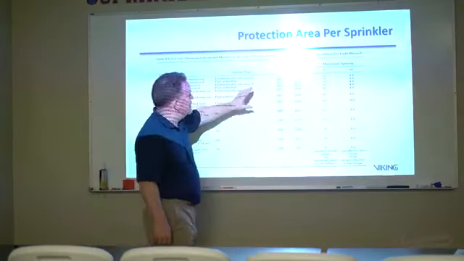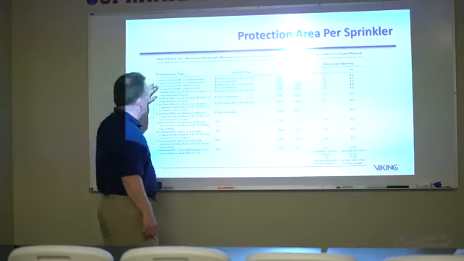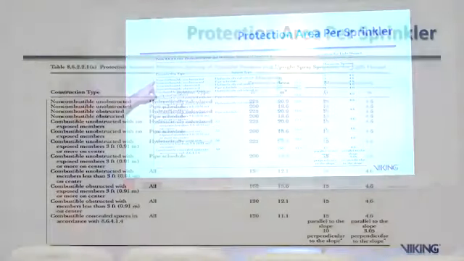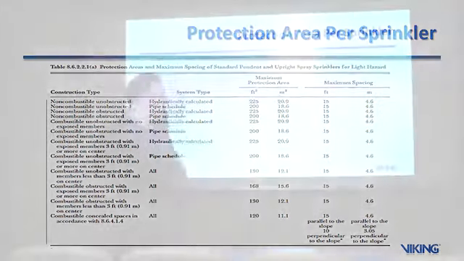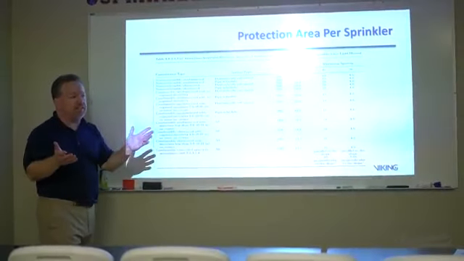In certain areas, non-combustible, unobstructed construction, you can go up to 225 square feet, whereas for combustible concealed spaces in all areas, you're down to 120 square feet. Or combustible obstructed members, this is not concealed, less than 3 feet on center, you're down to 130. So you can be between 225 and 130 just on the listing.